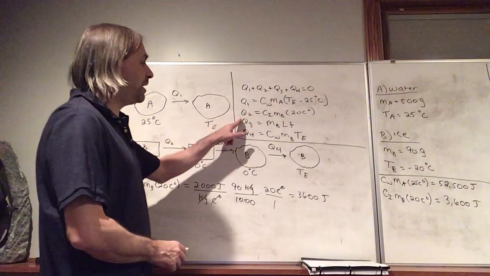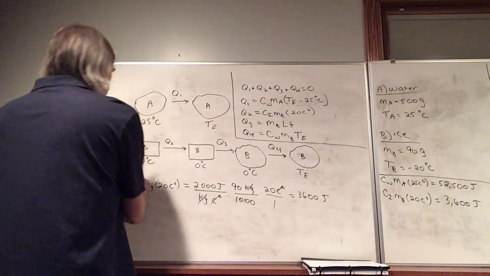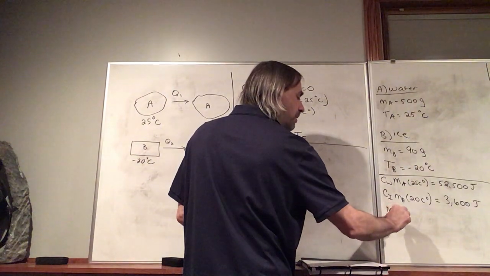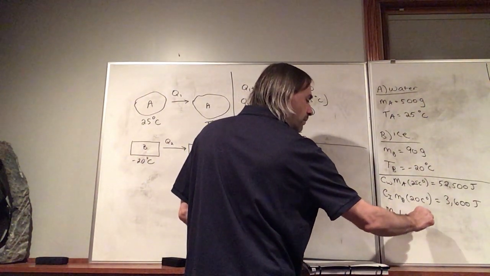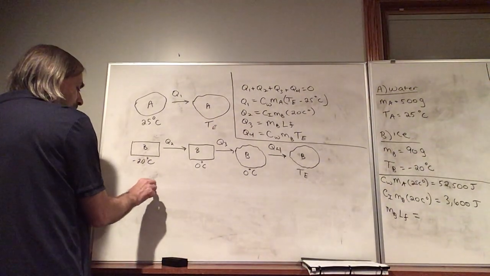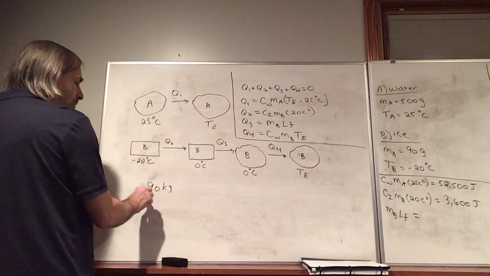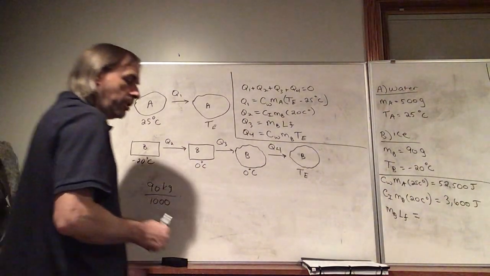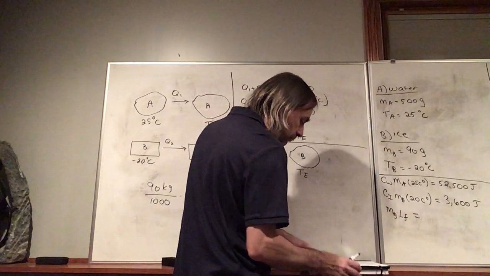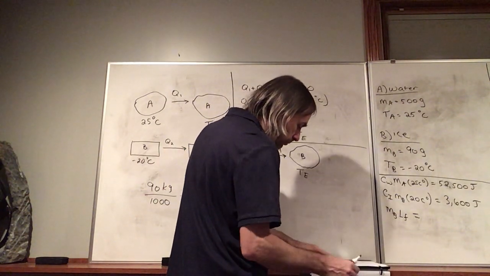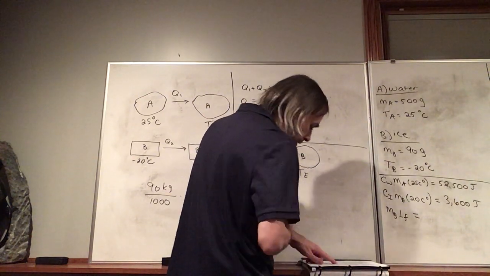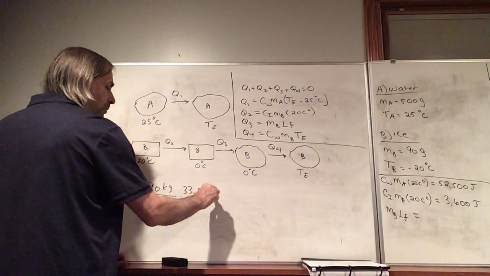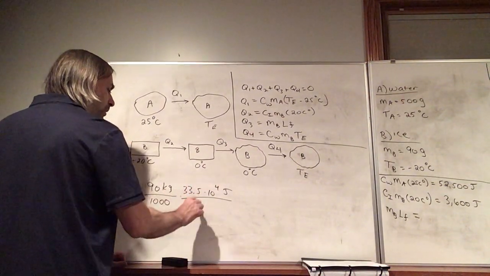Okay. Now we can calculate Q3 as well. So that'd be MB times the latent heat of fusion. So we'll do that here. We have 90 grams, or 90 kilograms over 1,000. Then the latent heat of fusion, I'm going to look that up. That one was 33.5 times 10 to the 4th, and that would be joules per kilogram.